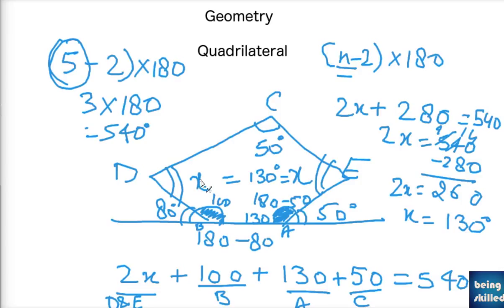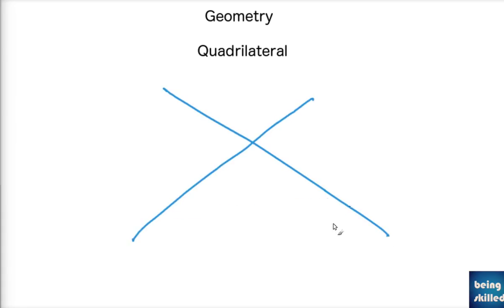So this is how we calculate the angles using different properties, but you have to remember all of them in order to solve the question. Now suppose we have a question like this, in which we are given interior angles. Let's say this is 60, this is 80, and this is 40.